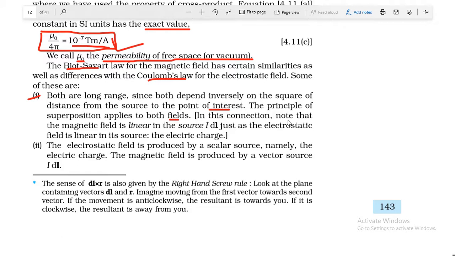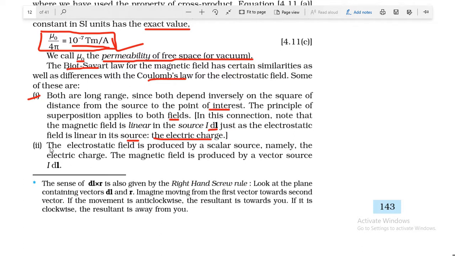Note that the magnetic field is linear in the source Idl, just as the electrostatic field is linear in its source, the electric charge. So in the case of the electric field, the role played by charge is played by Idl in the magnetic field in the Biot-Savart law.